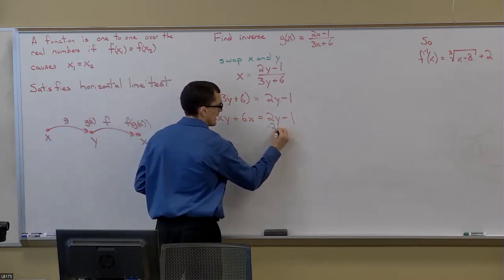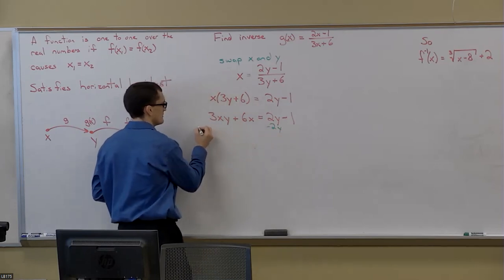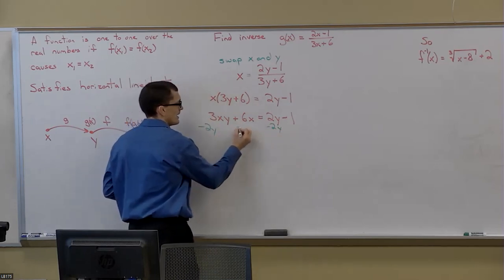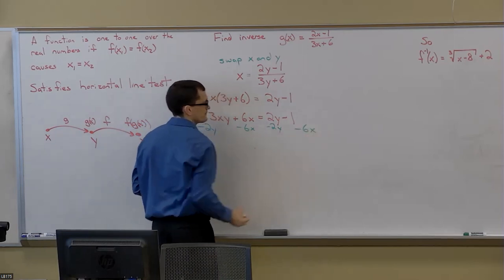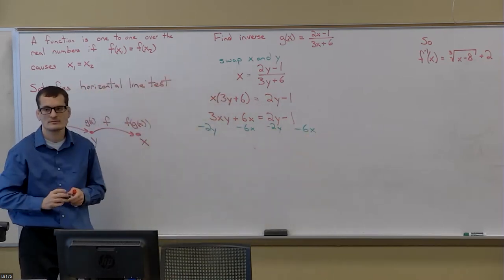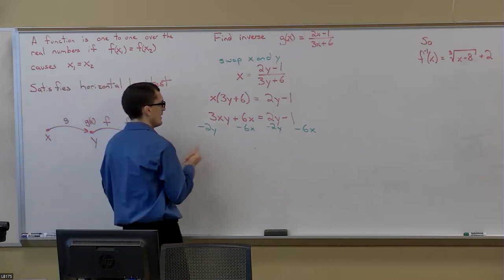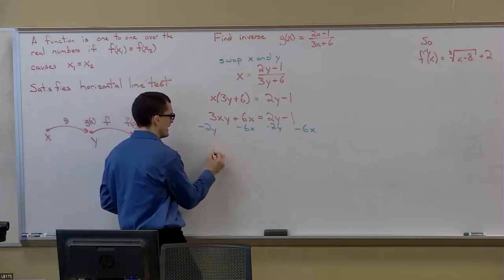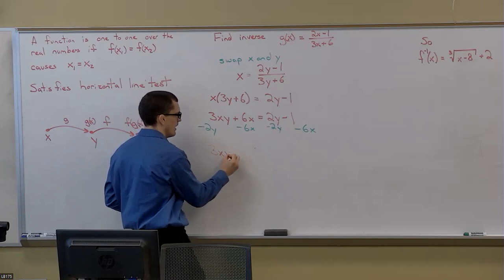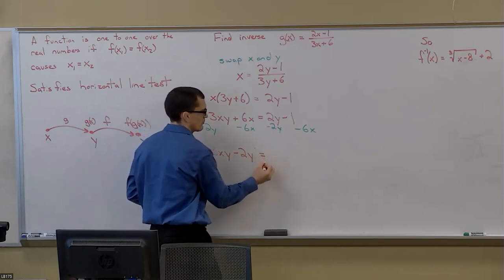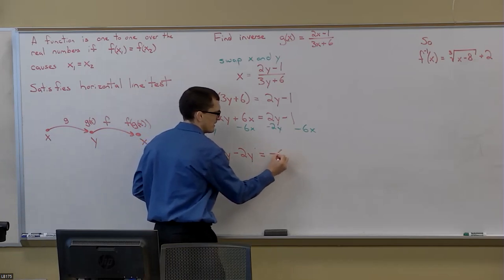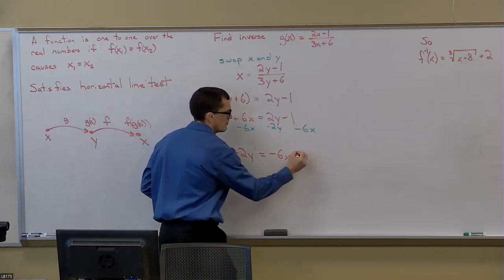So I would subtract 2y from both sides. And I would subtract 6x from both sides. That would give me 3xy minus 2y equals minus 6x minus 1.